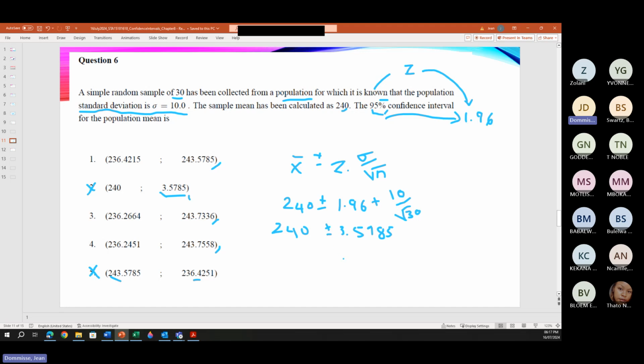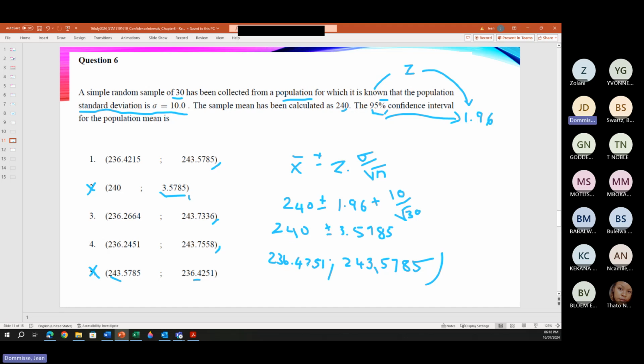So the top will be 243,5785, and the bottom one will be 236.4251.